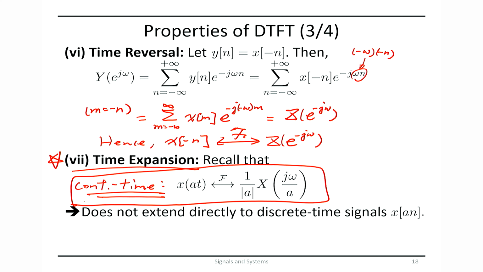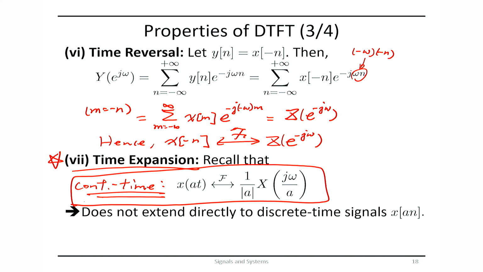But this is not directly extendable to the discrete time case, because in discrete time, this would correspond to something like x[an]. When you do this in discrete time, you have to be very careful because this signal is defined only for integer values of this index.